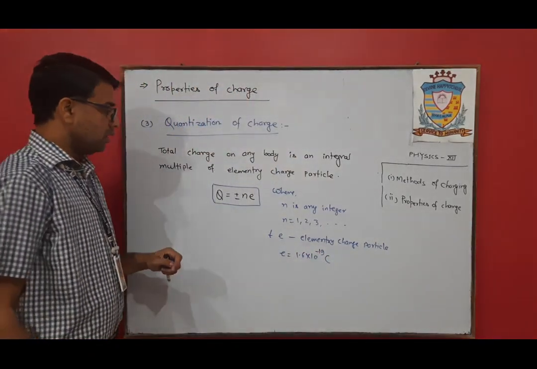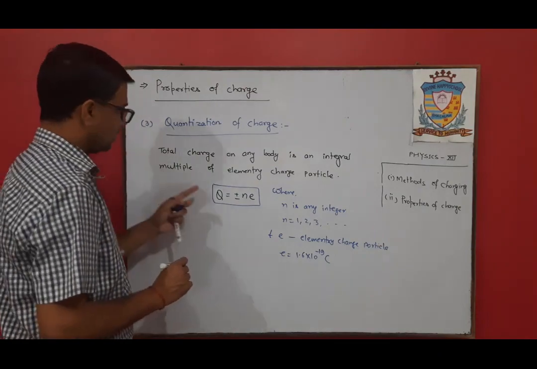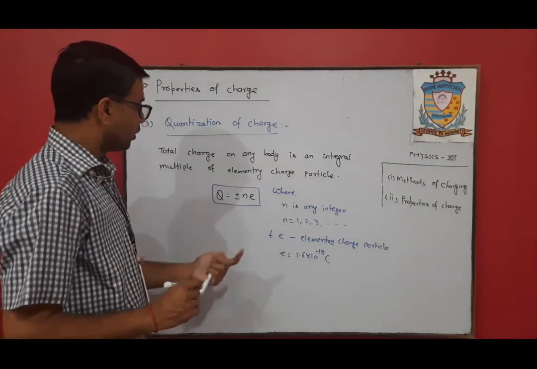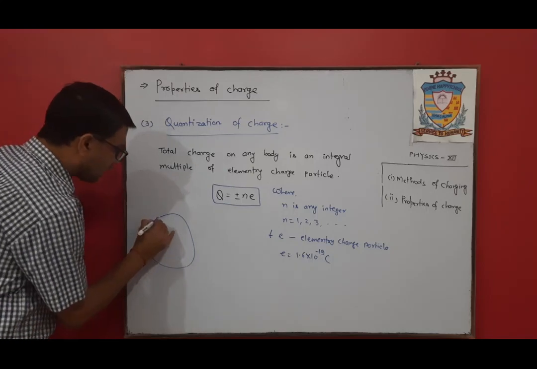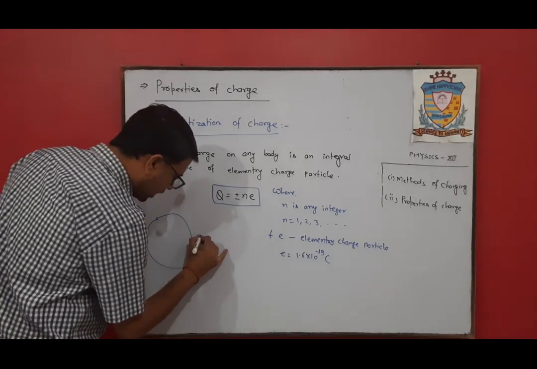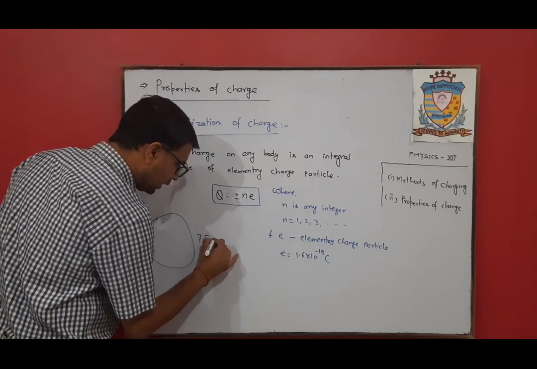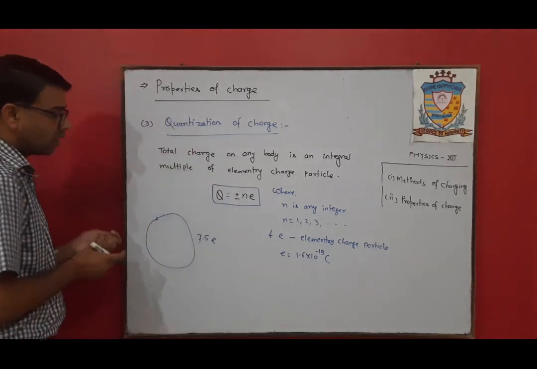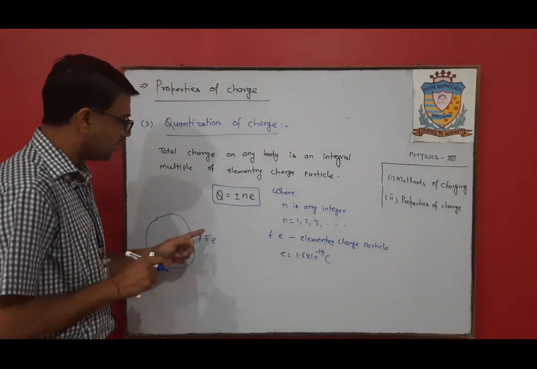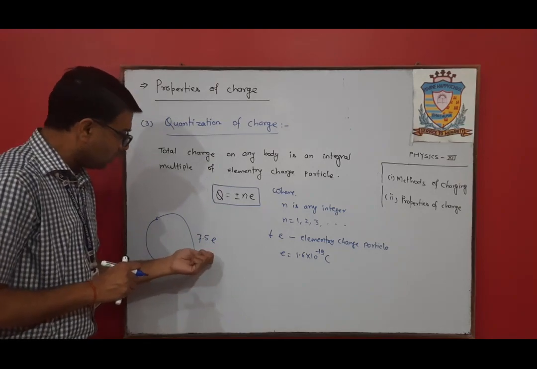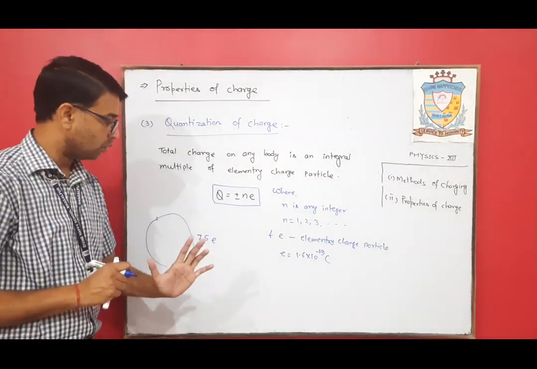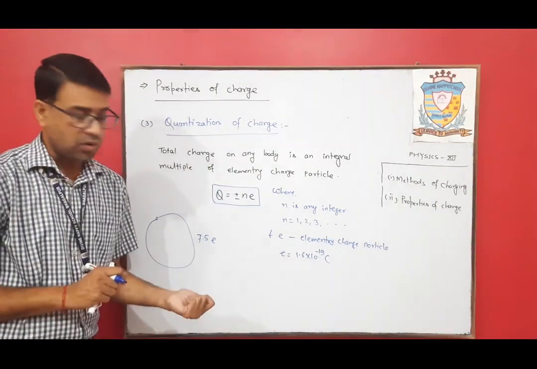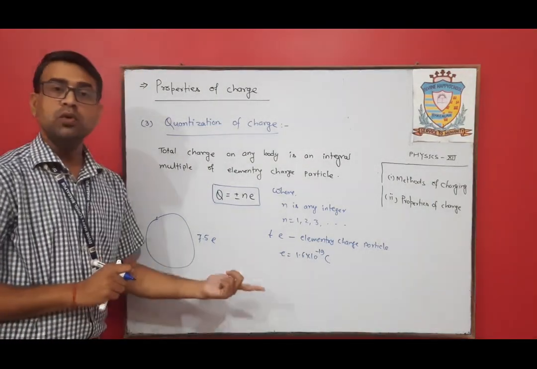Clear? Suppose the question is, can 7.5e of charge, that is electrons, transfer from one body to another body? The answer is no. Can 1.2 electrons be transferred from one body to another body?